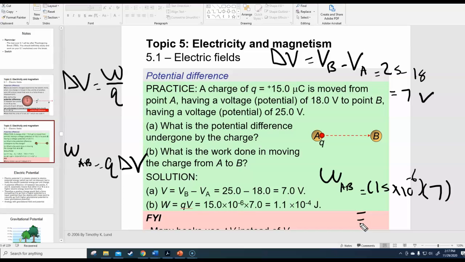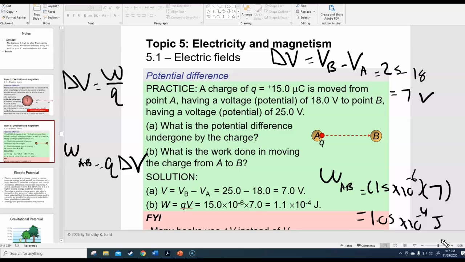Okay, and so 15 times 10 to the negative 6 coulomb times 7 volts, that's going to give me an answer in joules, because that is the SI unit for work. And so I'm just plugging that into my calculator now, and I get 1.05 times 10 to the negative 4 joules. Okay, so that is the work done in moving the charge from A to B.